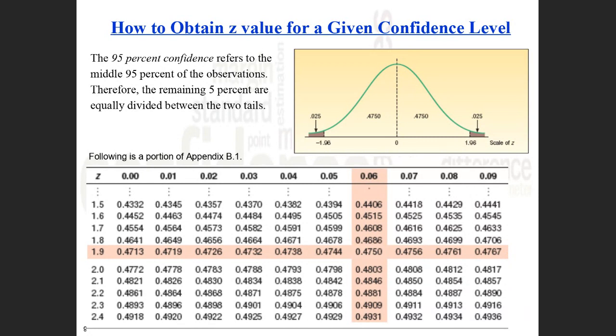Let's look at finding the appropriate Z. Okay, sorry about that. Not sure why I didn't have that. Anyways, we're going to look at the Z scores and how to find them.